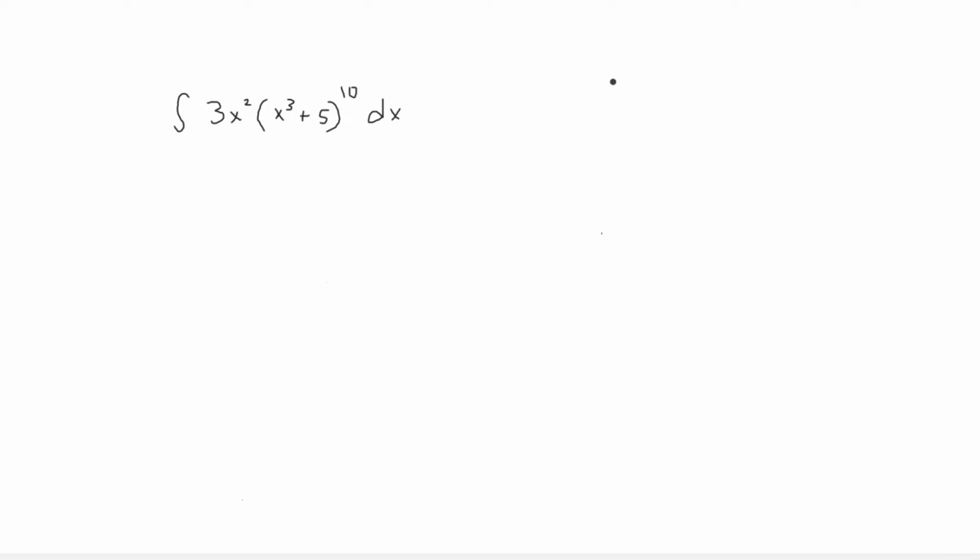So intuitively, you may just want to multiply these terms out. And technically, you could, right? You could multiply all of these terms out and then take the integral of each one by one after multiplying it by 3x squared using the reverse power rule.